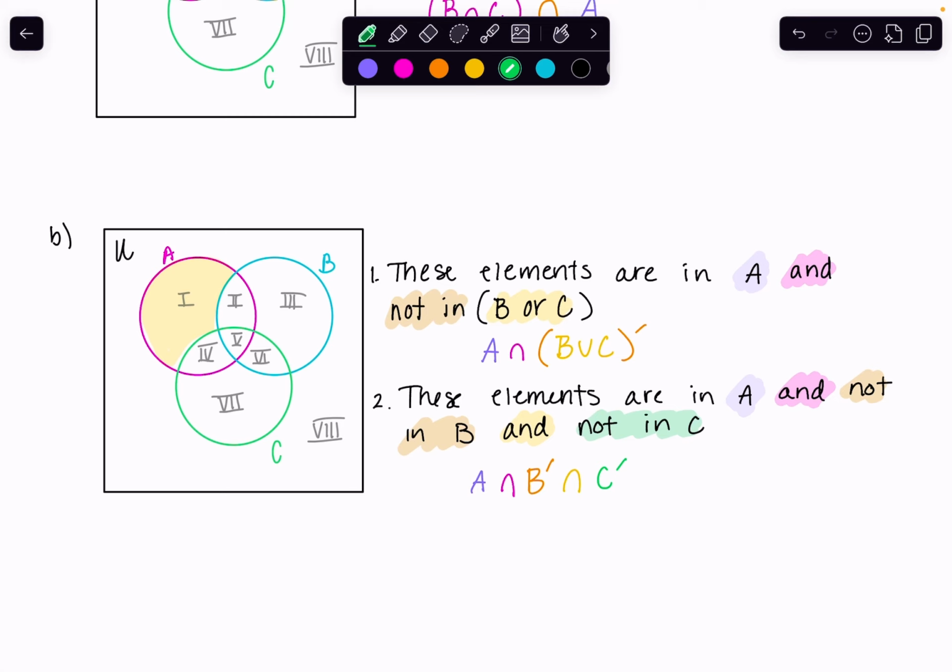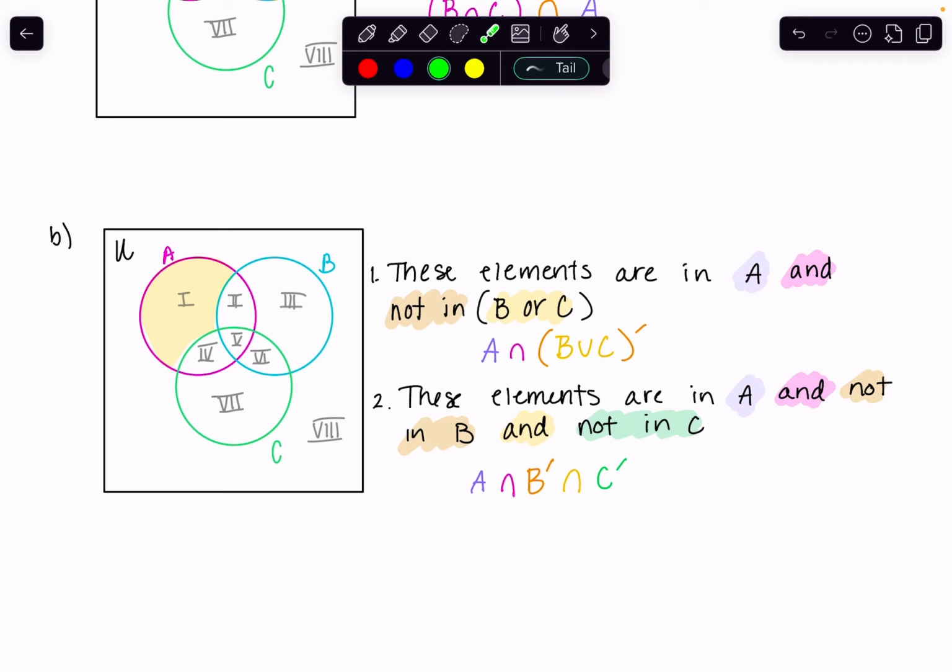Okay. And so really this just results from De Morgan's law. You can distribute that complement down, and then it would just flip the operation to intersection. Okay. So it all depends just how you write it, how you would translate it. But again, you have tons of different ways that you can talk about these particular sets.